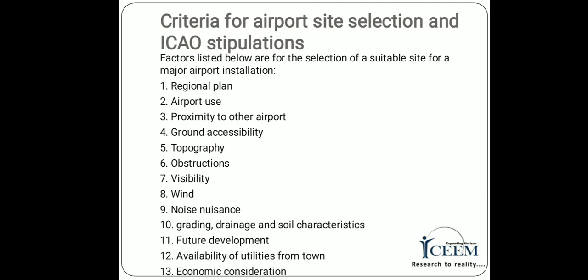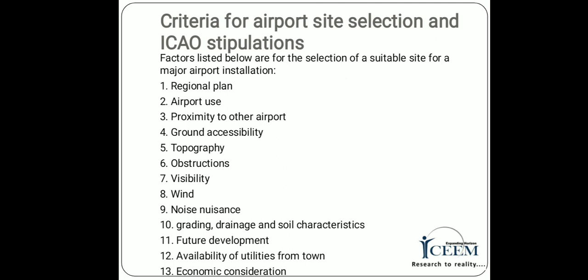Next point is criteria for airport site selection and ICAO stipulations. The selection of a suitable site for an airport depends upon the class of airport under consideration. However, if such factors as required for the selection of a large facility are considered, the development of the airport by stages will be made easier and more economical.